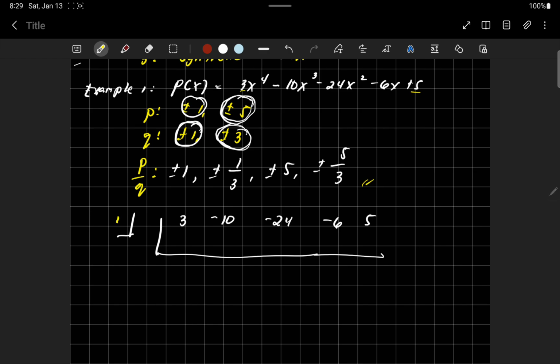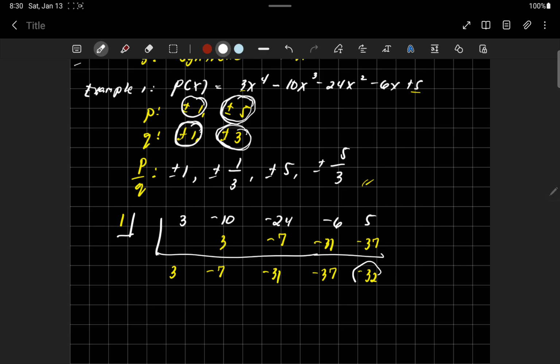Okay, let's test first for positive 1. So, you have here 3 times 1 is 3, negative 10 plus 3 is negative 7, negative 7 times 1 is negative 7, negative 24 plus negative 7 is negative 31, and negative 31 times 1 is negative 31, and negative 6 plus negative 31 is negative 37, negative 37 times 1 is negative 37, and 5 plus negative 37 is negative 32.